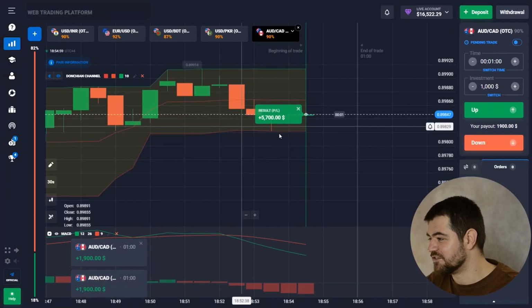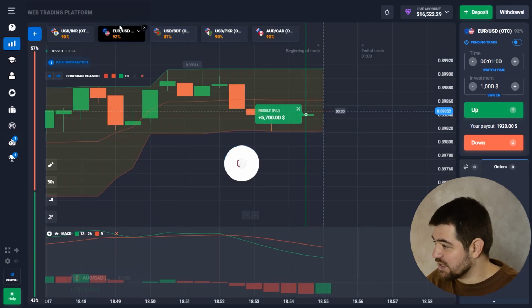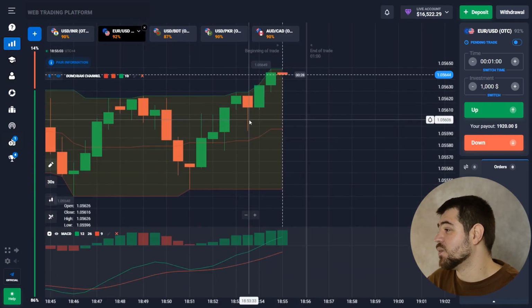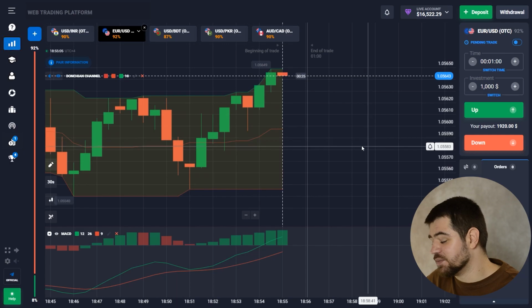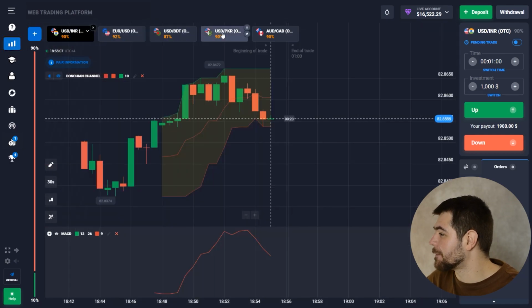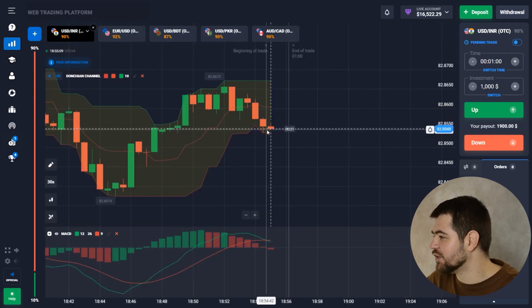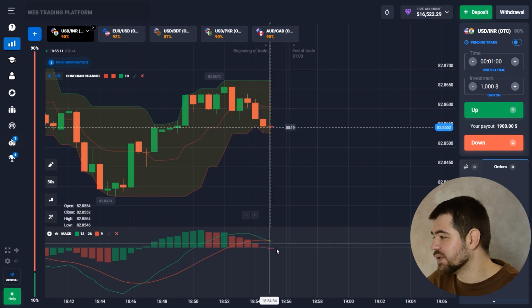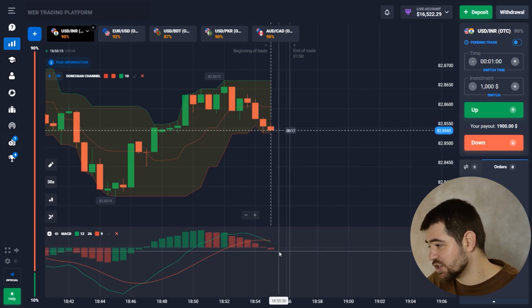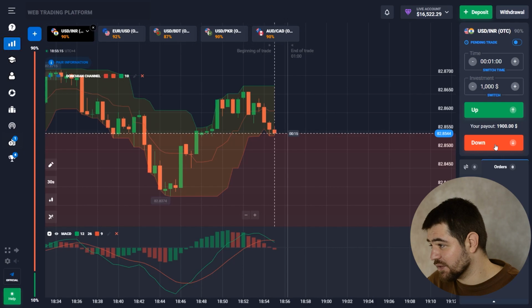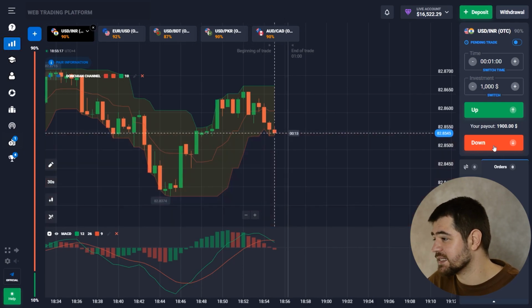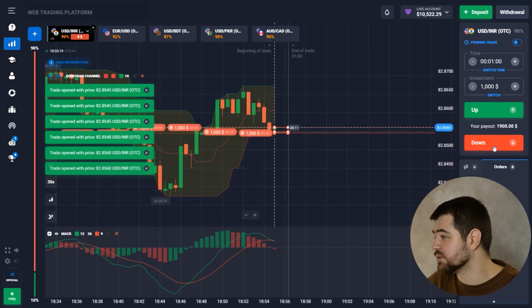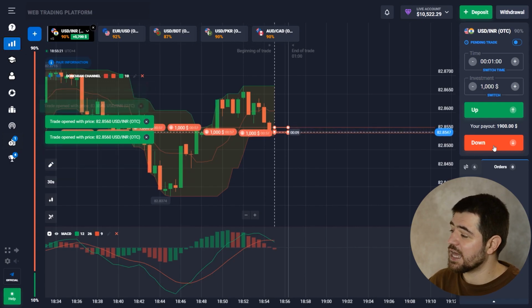And here it is, $5,700 from this one option. A 92% payout is pretty good. Okay, let's have a look what we got here. This is also a nice situation. The price is starting to go down. We can benefit from that. We go with 1, 2, 3, 4, 5, 6,000.